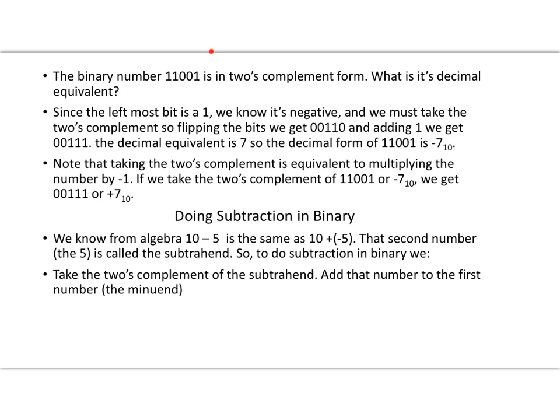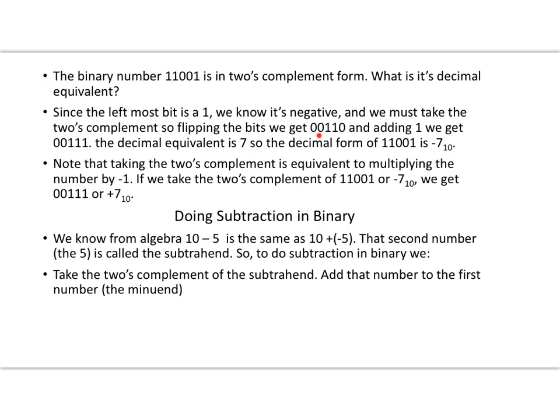Here's another example. You're given the binary number 11001. It's in the 2's complement form. What is its decimal equivalent? Okay, you look at that leftmost bit right there. It's 1. That tells you that the number is negative, and you've got to take the 2's complement. Okay, so first step is to flip the bits.